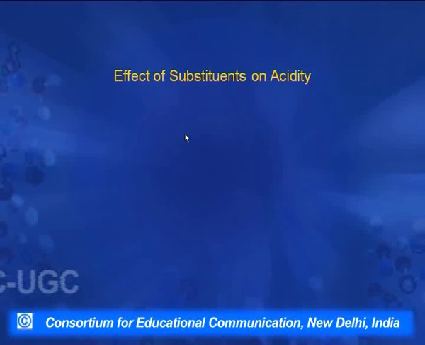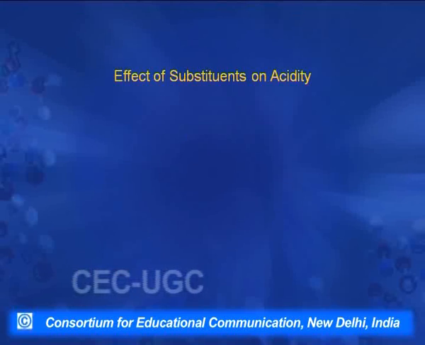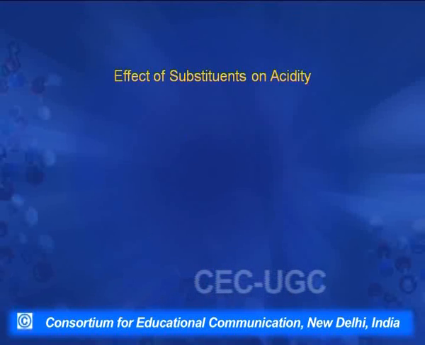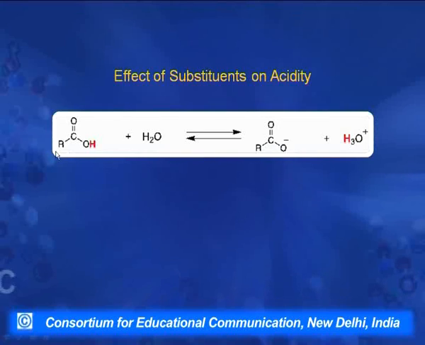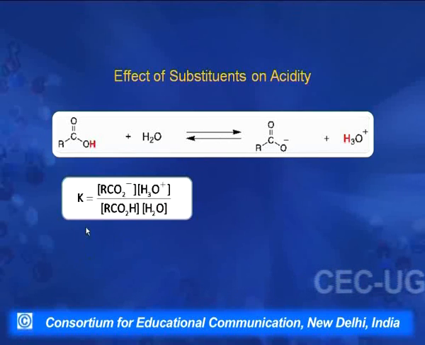Now let us compare, if there are different substituents on a carboxylic acid, how do they affect the acidity? We have discussed that any substance which can dissociate to give an anion is an acid. Now let us specifically take the example. This is a carboxylic acid. It is dissolved in water. It gives the carboxylate anion and H3O+. And this is the equilibrium constant that is written for this equilibrium.